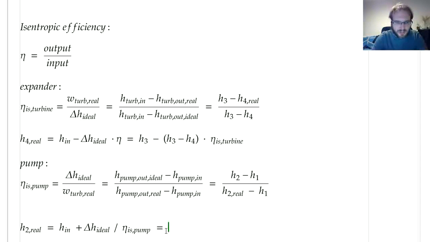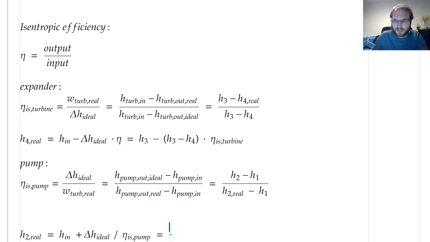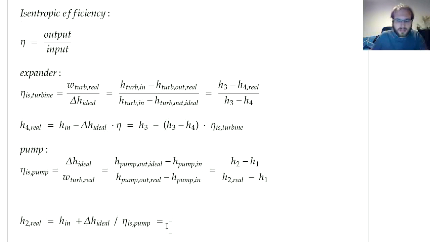So let's put in notation of our Rankine cycle.